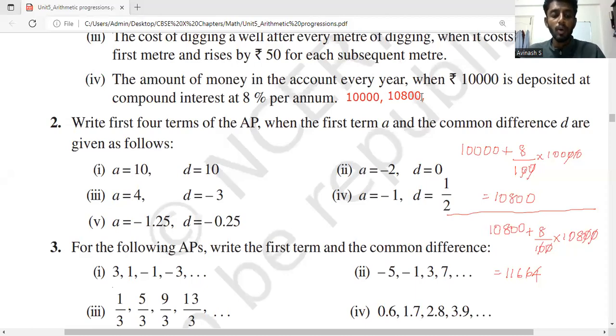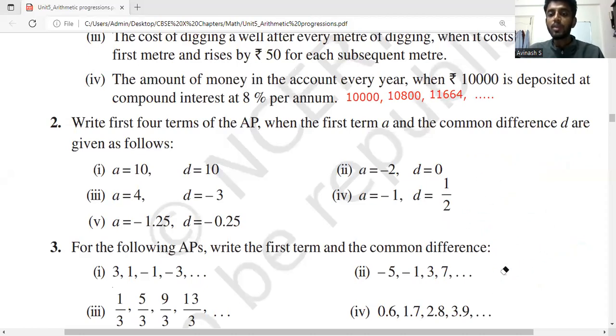We need not keep going. This is enough just to find whether it is an AP or not. And now when we do A2 minus A1, let me erase this space. So when you do A2 minus A1, you get 10,800 minus 10,000.